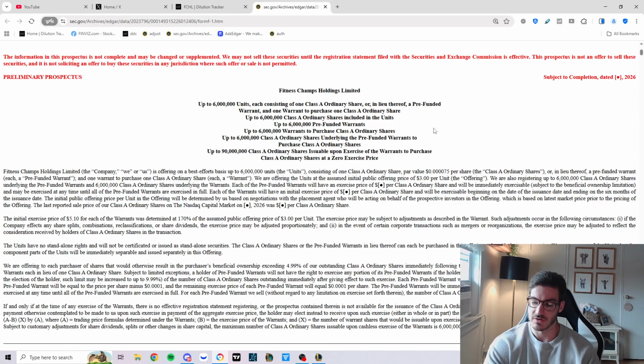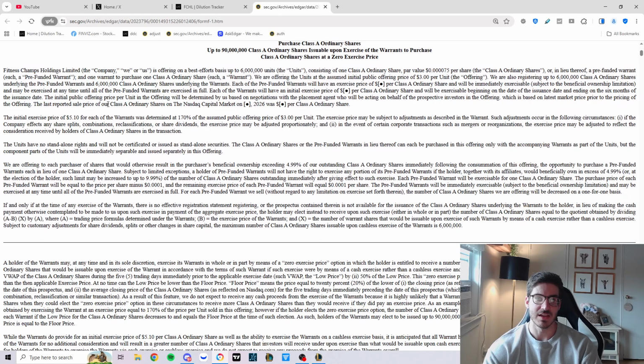A lot of those shares are also attached with warrants. So each Class A pairs with one warrant. So you get 6 million actual shares, you get 6 million warrants, which is 12 million now, right? And then you get the details of how the warrants are actually able to be sold.